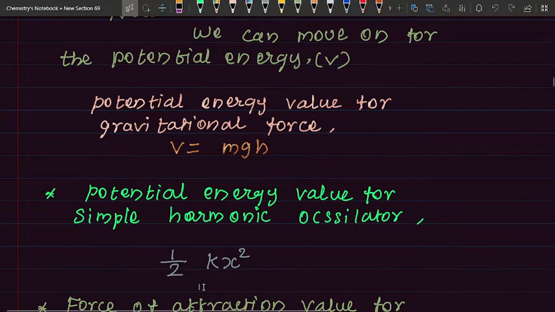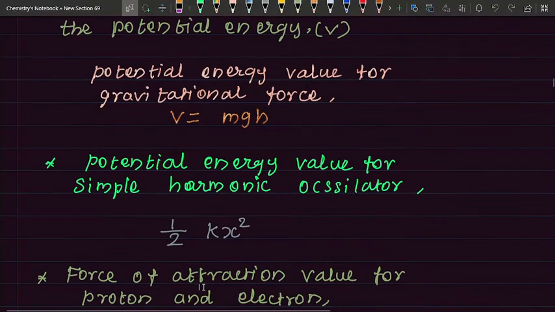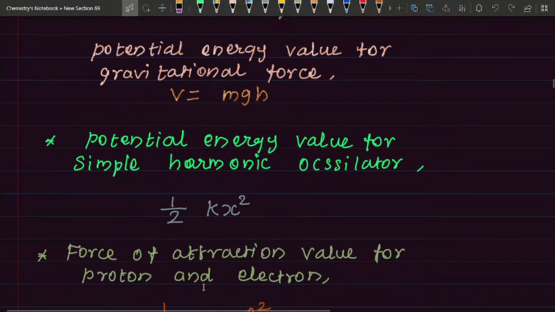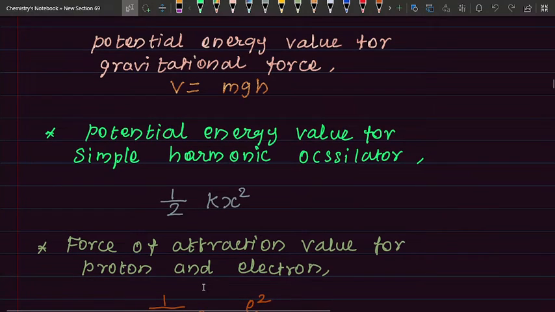The potential energy value for a simple harmonic oscillator is 1 by 2 kx square.